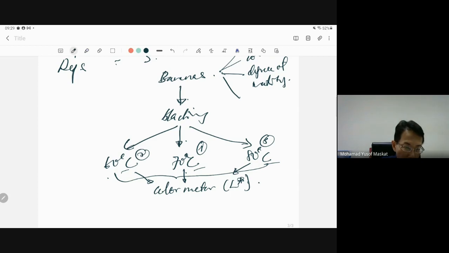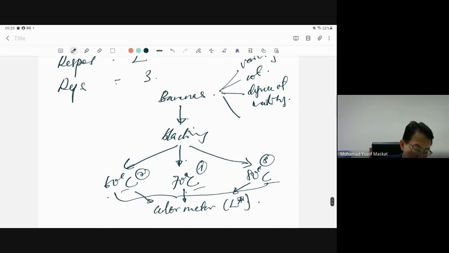That is your first replication. For your second replication, you need to do it all over again. Don't use these bananas. Buy another batch of bananas, and then do blanching again, randomization again, and you get your second rep.